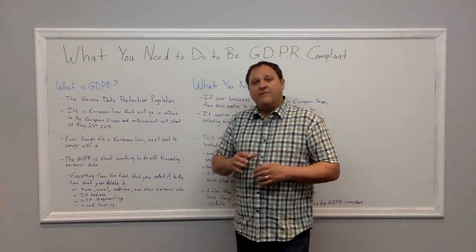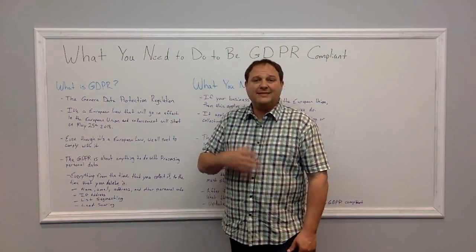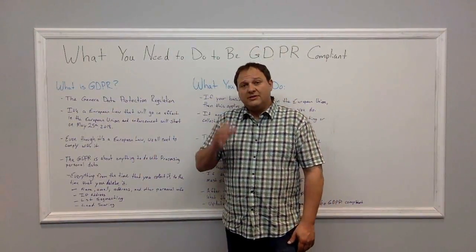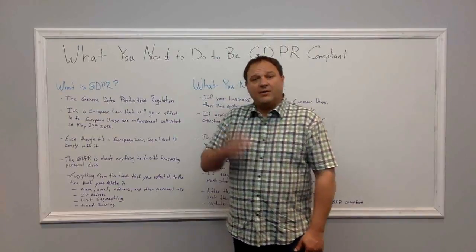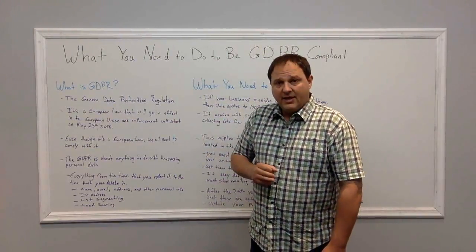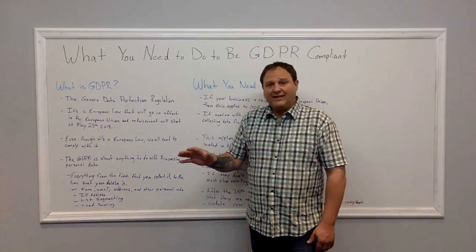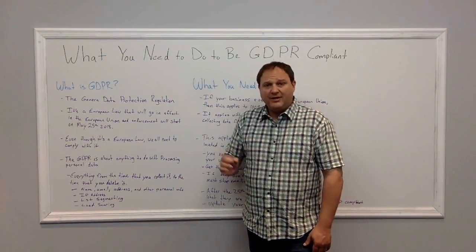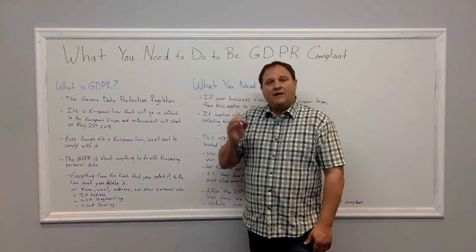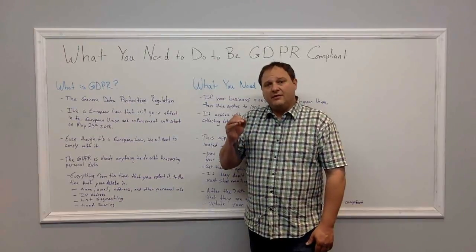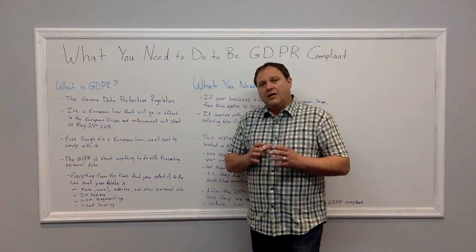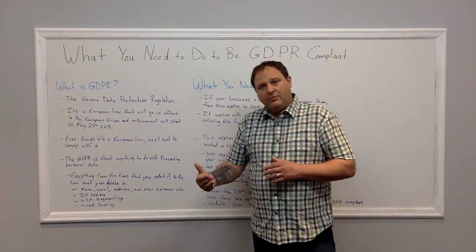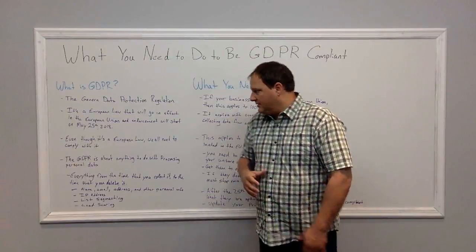Even if you don't live or your business does not reside in the European Union, you still need to comply with these rules, if you're collecting any sort of data at all, IP addresses, anything from visitors in Europe. So I'm going to go through the details of what you need to do to stay compliant with this.